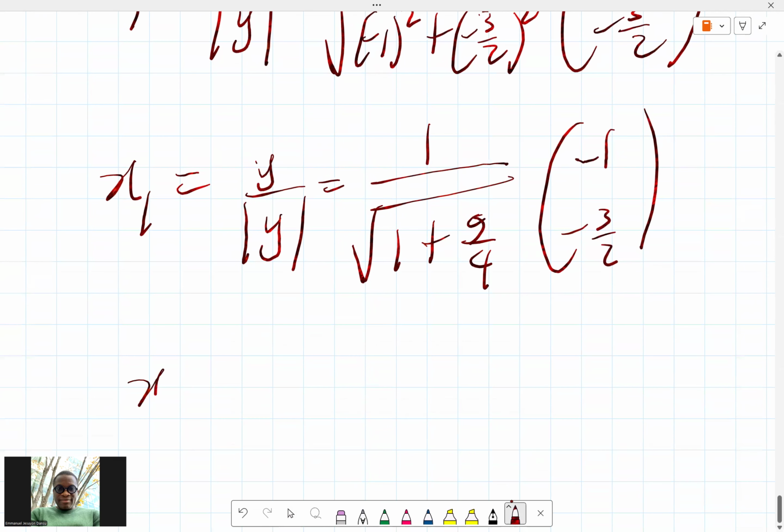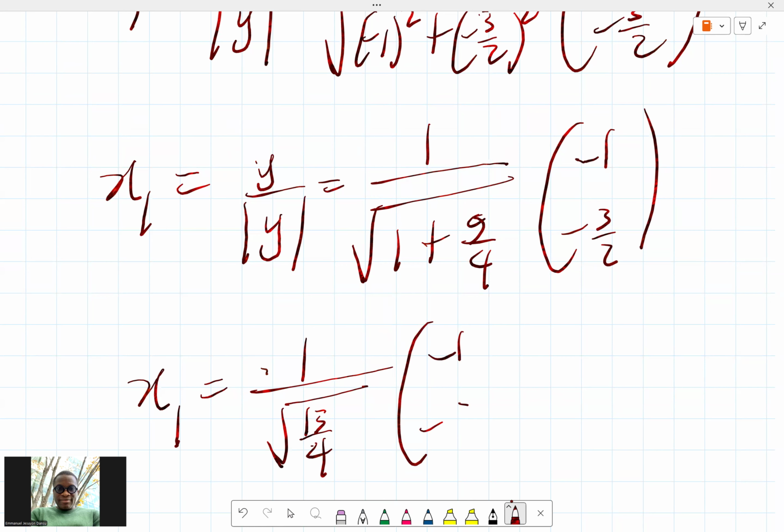That's our x1. So x1 is equal to 1 over, I mean, this is 4 over 4, that will be the square root of 13 over 4, if you add up all this, into (minus 1, minus 3 over 2).